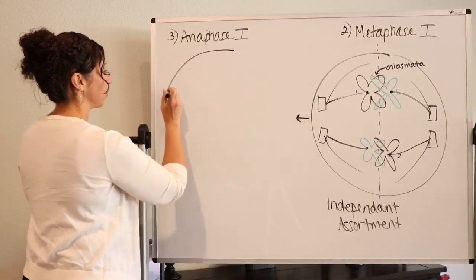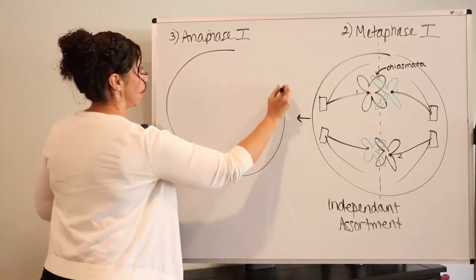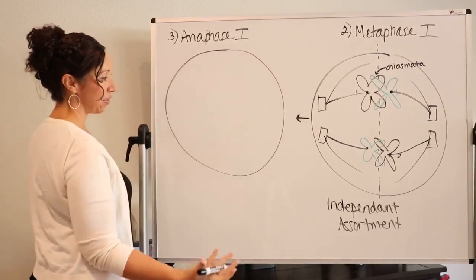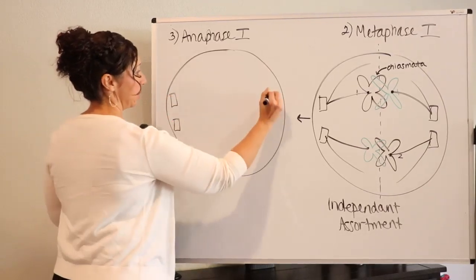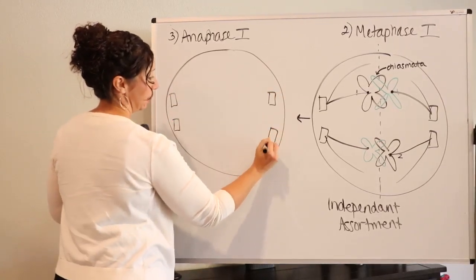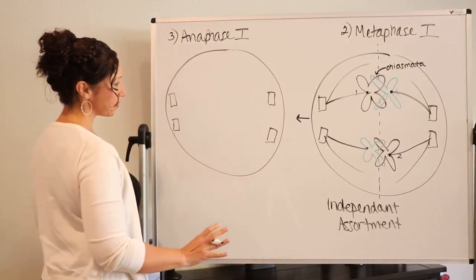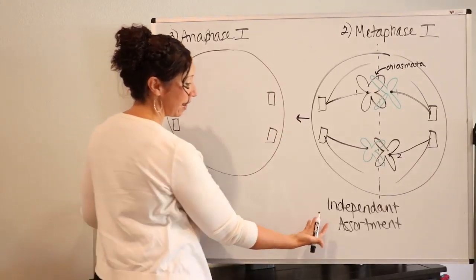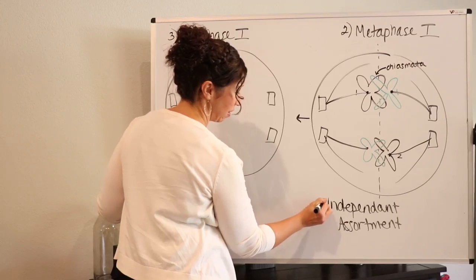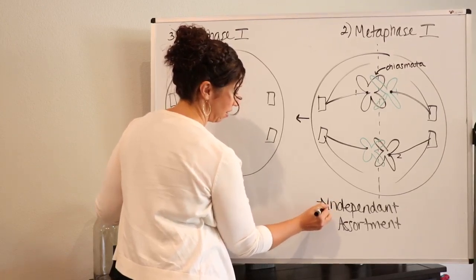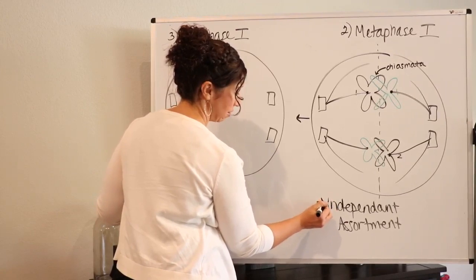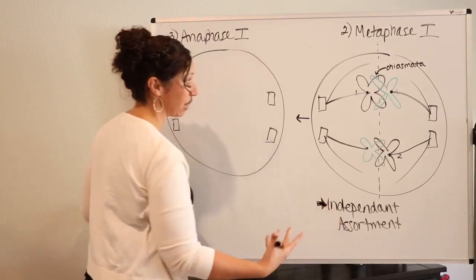So for anaphase 1, you can start to imagine how this is all going to start turning out. I have my centrosomes. And now, thanks to the independent assortment, this huge genetic variability event that happens within meiosis.